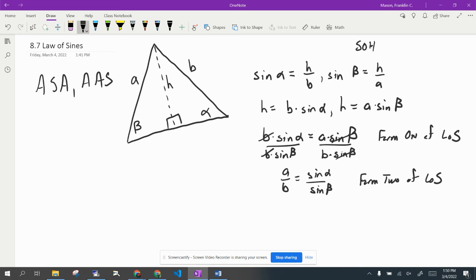Probably the best way is that in a triangle, sides are proportional to the sines of their opposite angles. Alpha is opposite A, beta is opposite B. So you want to get the ratio of a pair of sides, form the ratio of the sines of their opposite angles.